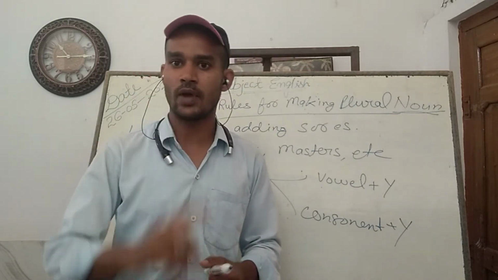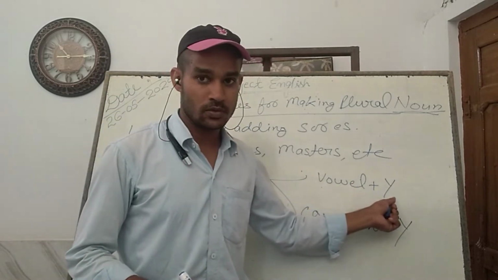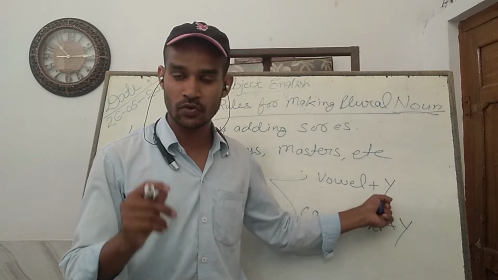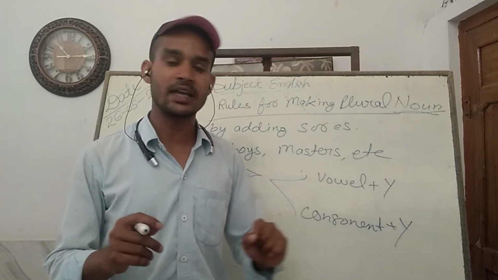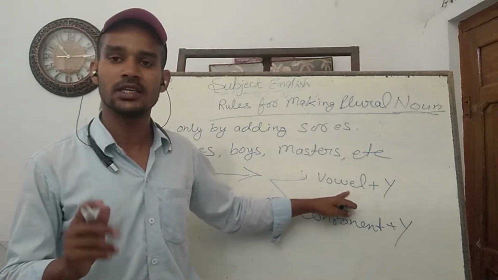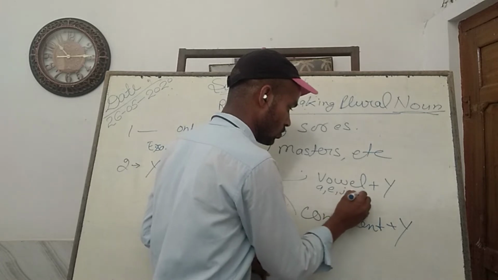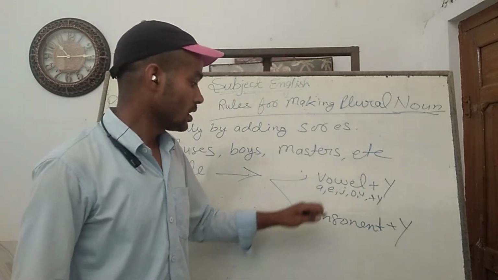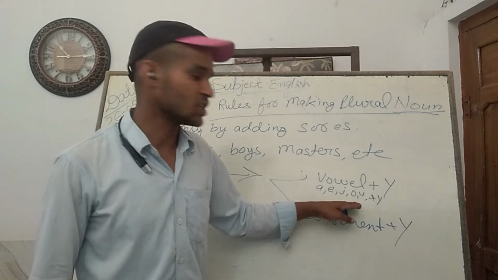First, if the last letter is y and that y is preceded by a vowel, that is a, e, i, o, u, plus y, then s or es is added in this spelling.